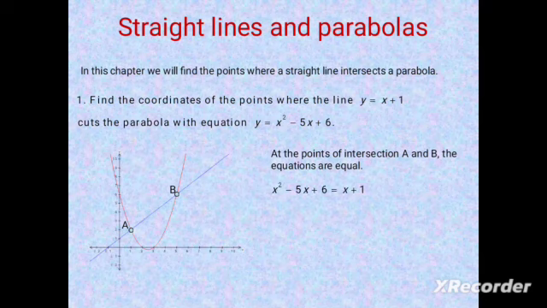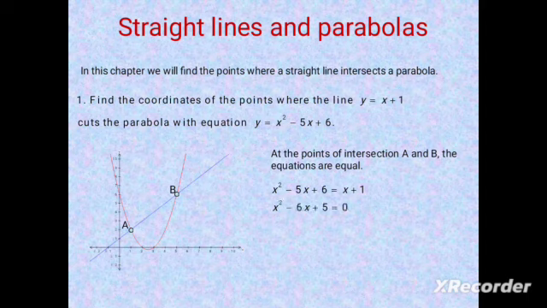And therefore we say that x squared minus 5x plus 6 is equal to x plus 1. We equate the two equations because a line and a curve are intersecting at points A and B. So to be able to get the points on the x-axis where they are intersecting, we need to equate the two equations.